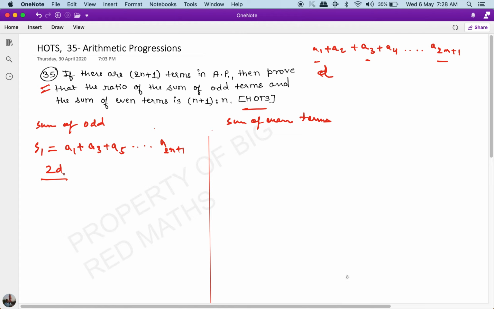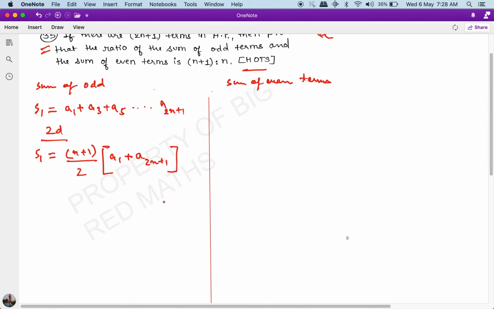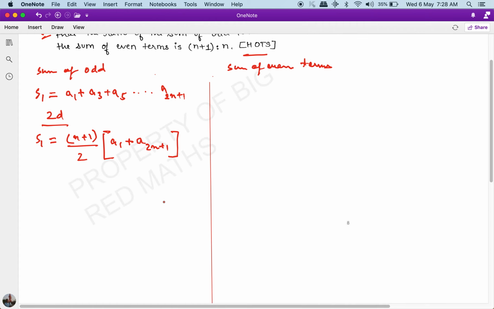So S1 will now become, we have n plus 1 terms, n plus 1 by 2 multiplied by the sum of the first term, which is A1, plus the 2n plus 1th term.